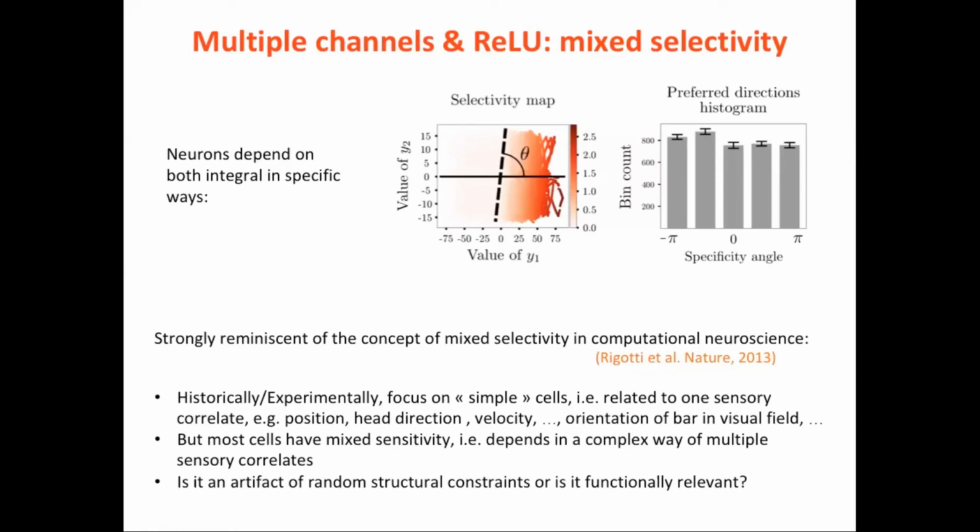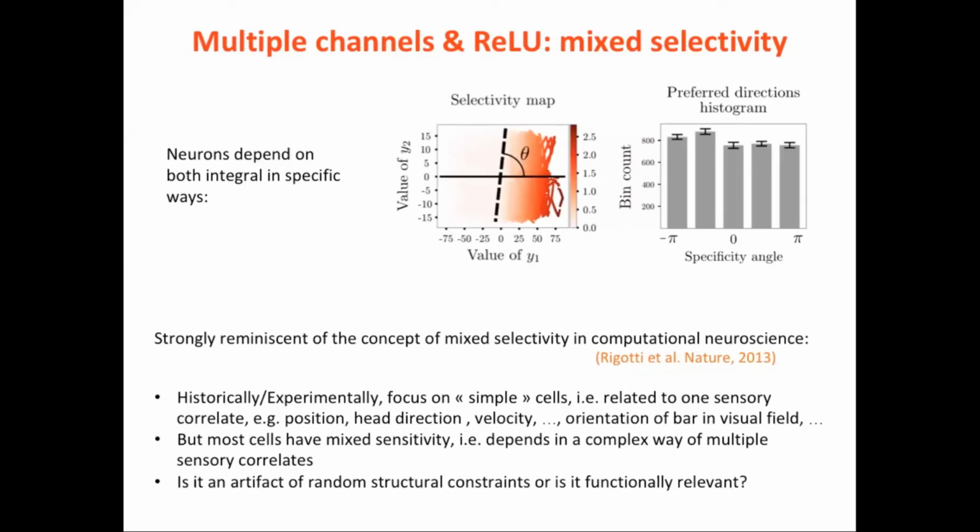So we have a result which is very strongly reminiscent of the concept of mixed selectivity in computational neuroscience, which was put forward very strongly in a well-known paper by Rigotti and collaborators 8 years ago.